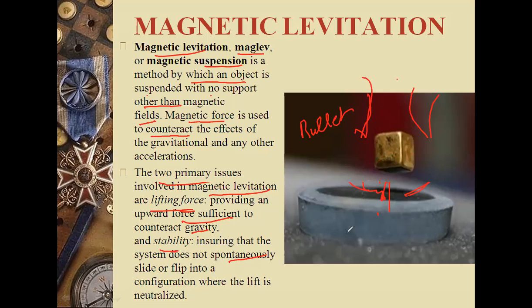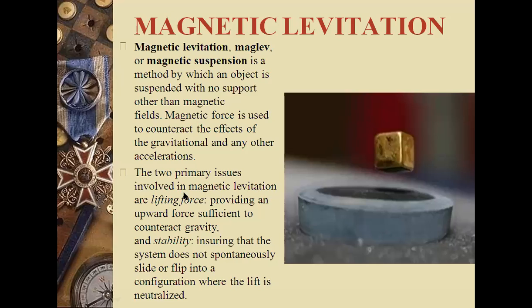If it flips, the bullet train falls down. So it should not flip. That's what you have to understand. Magnetic levitation is one of the wonderful properties used in bullet train applications. Here the Meissner effect plays a very important role, and the two things going on are lifting force and stability. These two are the important points to remember.